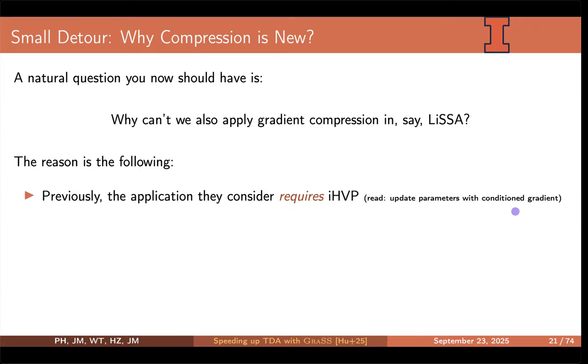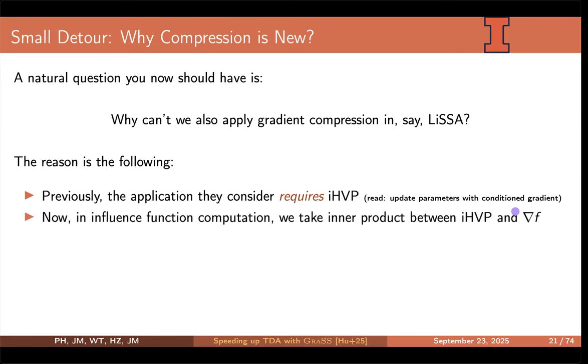So if you now compress the HVP result, at the end you are going to get the compressed version of conditional gradients. But now you are trying to use these compressed gradients to update your model, which means you are going to need to decompress it. So basically project this back to parameter space, which is mathematically impossible, let's say.